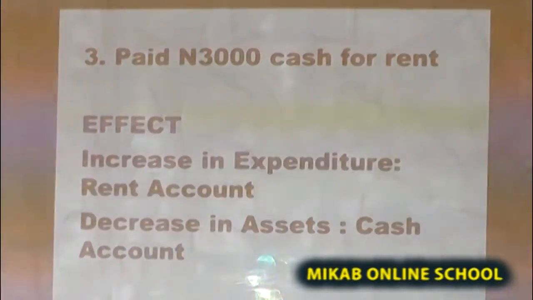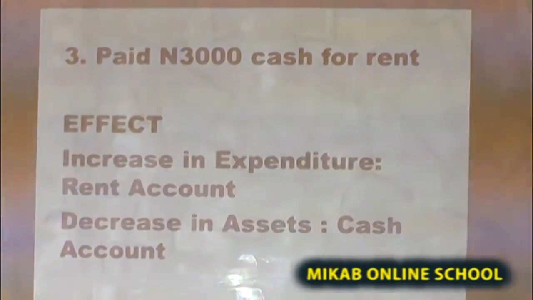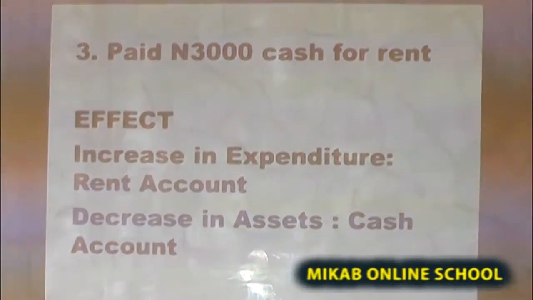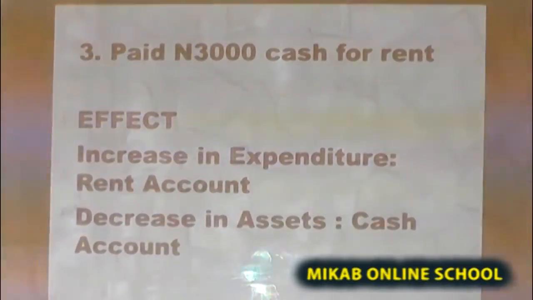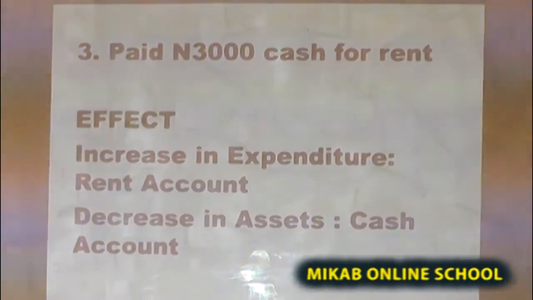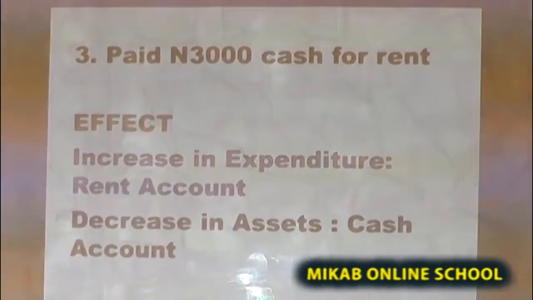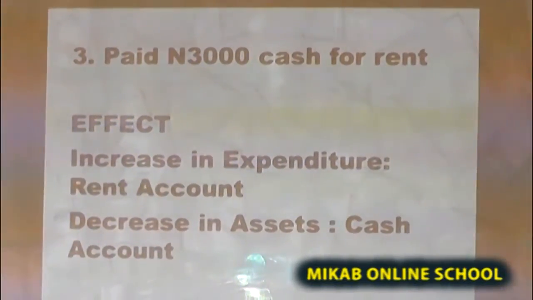The next is: paid 3,000 cash for rent. Look at this, it's different from the previous one we have explained. The previous one was done by check, that is, it affects bank, but this one is done on cash. Paid 3,000 naira cash for rent.